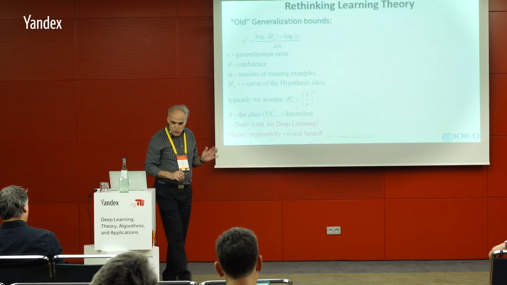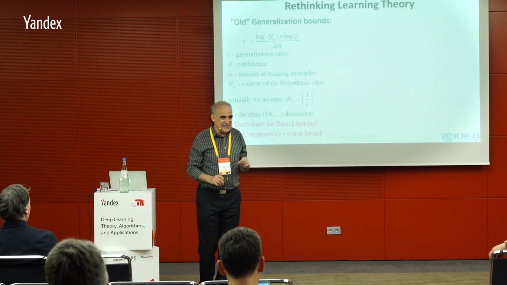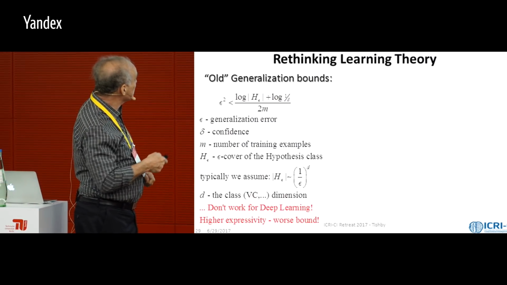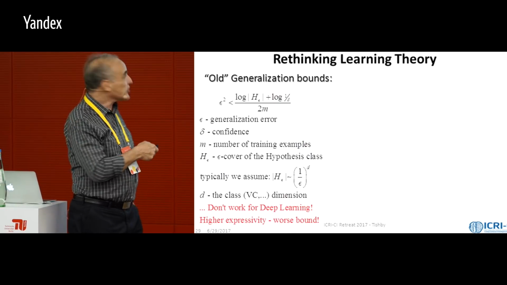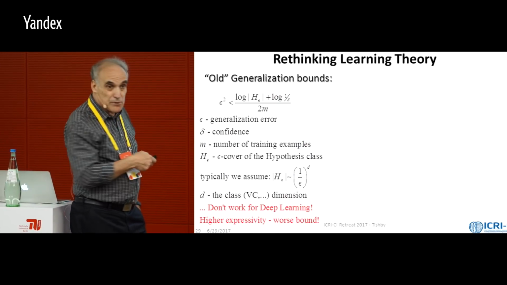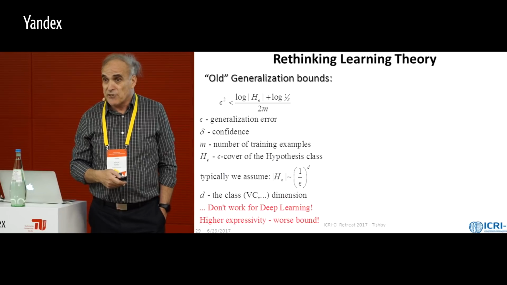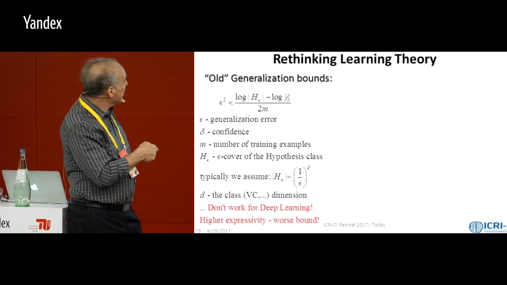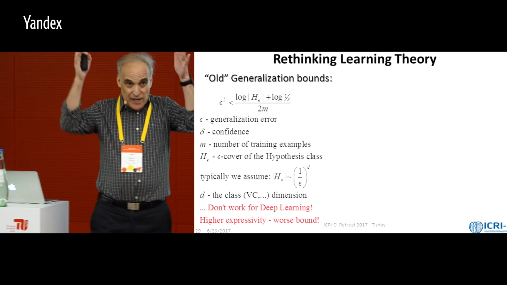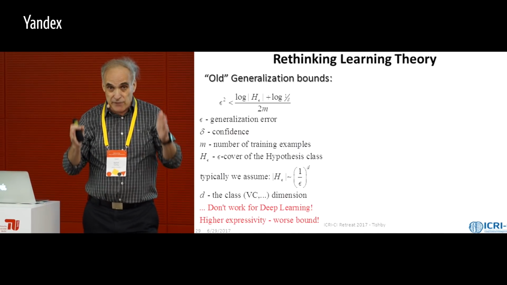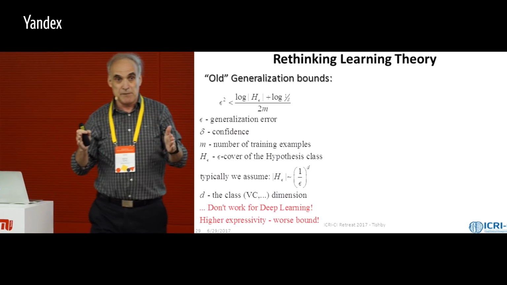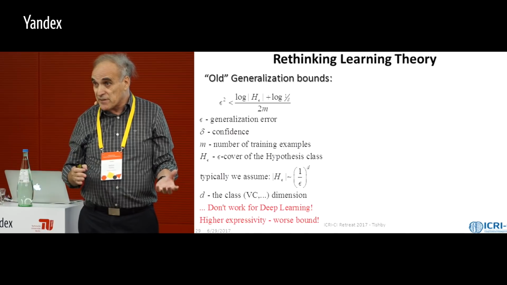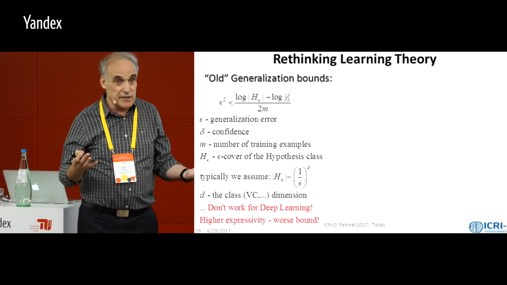I hope that some of you know something about PAC learning and learning theory. Usually, you should be familiar with what I call the old type of generalization bounds: the generalization error, the probability of error outside my training data, or some power of it, usually the square, is bounded by the log of the hypothesis class cardinality, which for finite cardinality is simply what's called the cardinality bound. For a general hypothesis class, we usually use what we call an epsilon cover of the class.